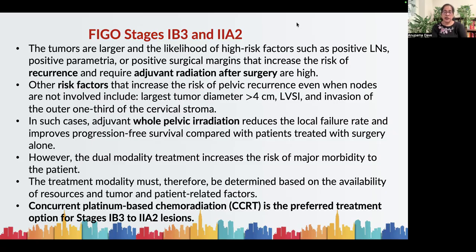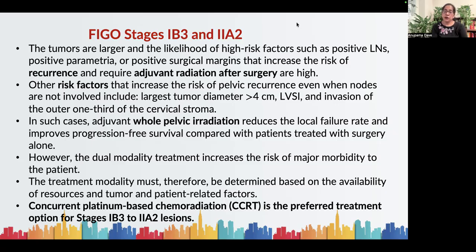However, this dual modality, that is initial surgery followed by postoperative radiation, increases the risk of major morbidity. Therefore, the treatment modality must be determined based on availability of resources, tumor, and patient-related factors.